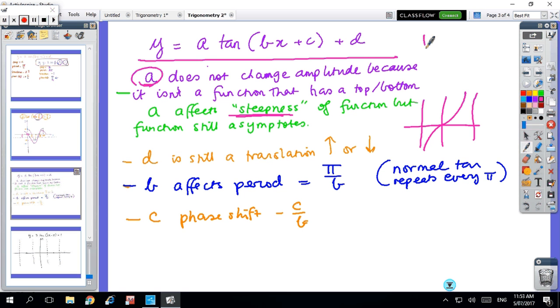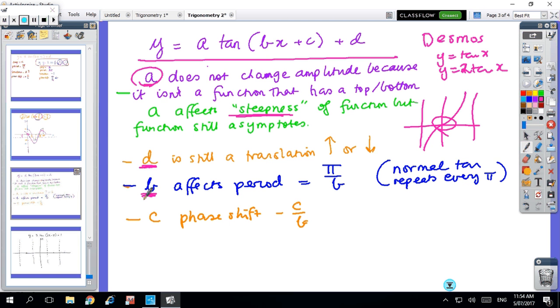If you go to Desmos again and type in y equals tan x and y equals 2 tan x, you can see that the shape changes in terms of its steepness, but it still has the same asymptotes. D is still a translation, so instead of the curve going through at 0, it's going to go through at a new number, up or down.